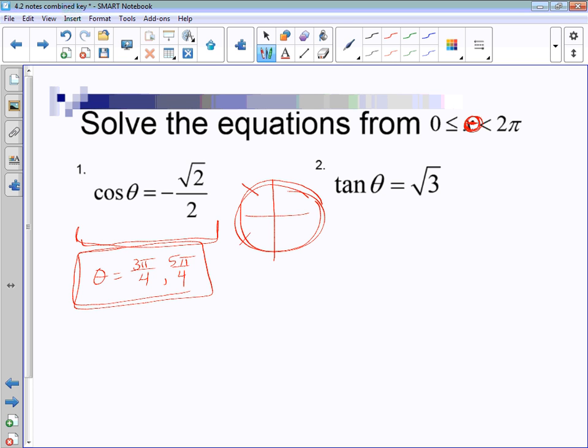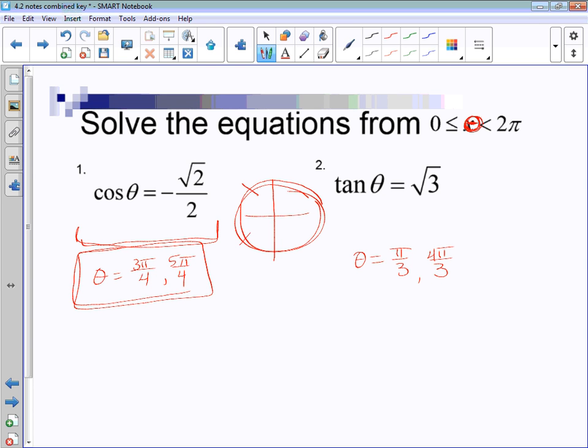All right, so the second one, tangent. Where on the entire circle does tangent equal positive square root of 3? Pi over 3. 4 pi over 3, good.